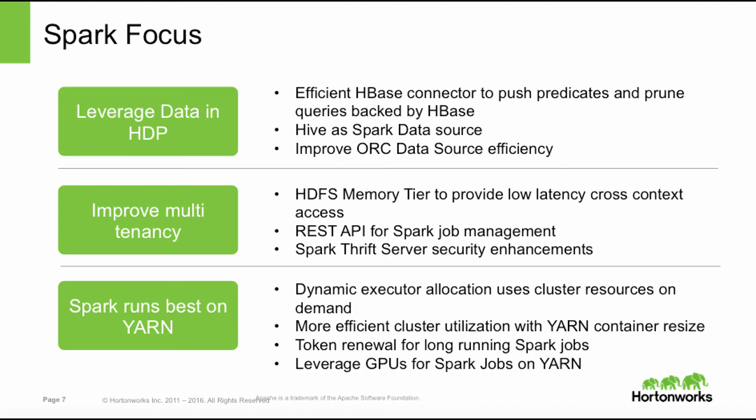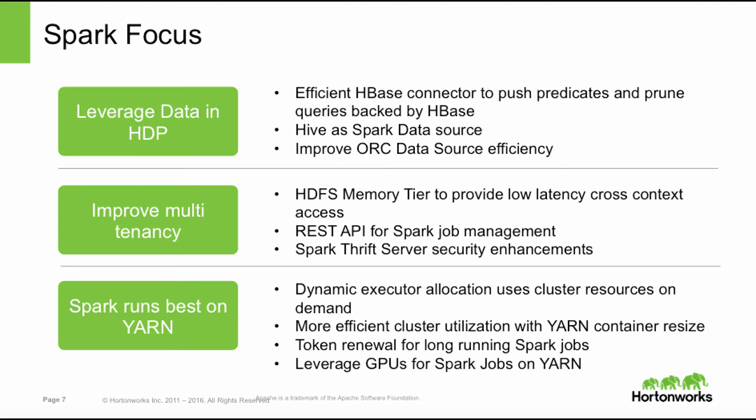And then lastly, I suggested just a moment ago that Spark could run differently than in Hadoop. We want to make sure that Spark runs the very best in Hadoop, and the very best of Hadoop is YARN itself. Spark likes to go out and ask for a lot of resources, and has historically got some negative connotations for reserving and holding on to resources, regardless of whether they are being used at all, or being used heavily or not.